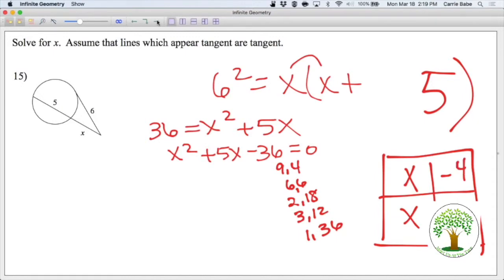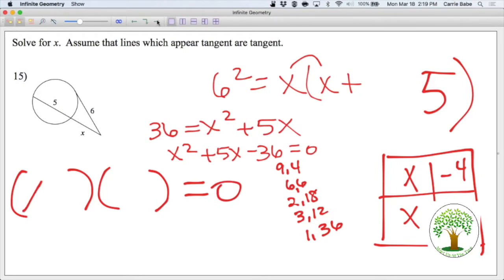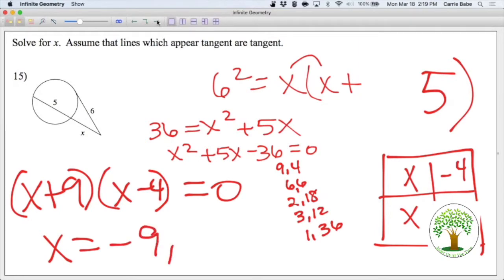Okay, so negative 4 and positive 9. I agree, because when we do our diagonals, we're going to get a positive 5x. So now, what goes in this parentheses? X plus 9, x minus 4. So is this the answer? No. We want x equals something. X equals negative 9 or 4.